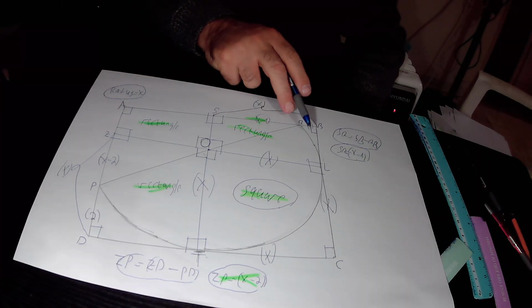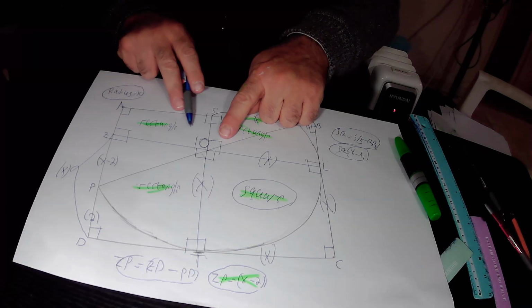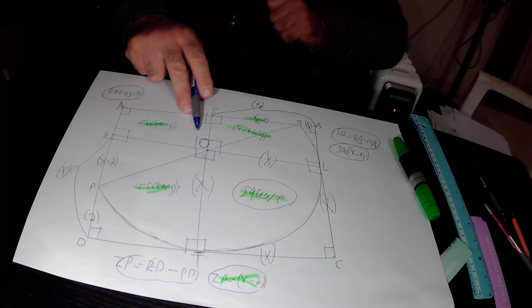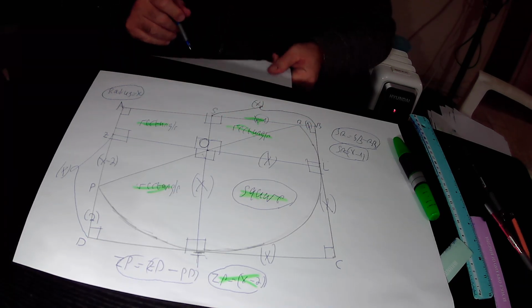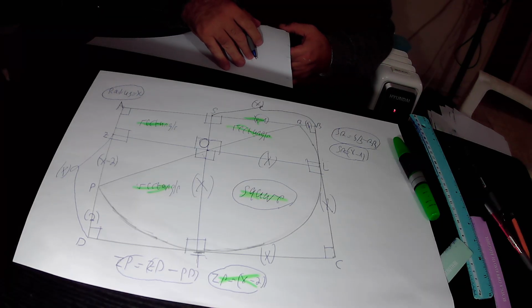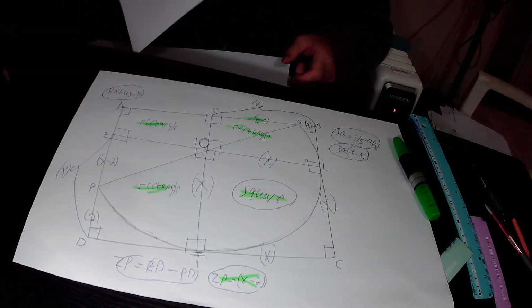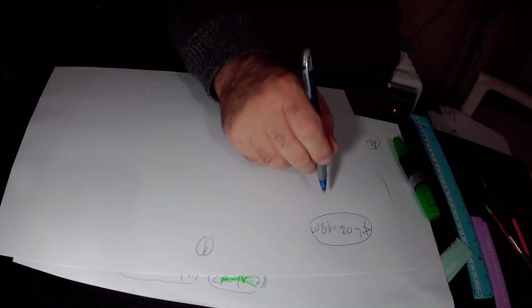This is the big angle LOZ. The big angle LOZ equals 90 degrees plus 90 degrees, that is 180 degrees. So I'll write it down. The big angle LOZ equals 180 degrees in its size.